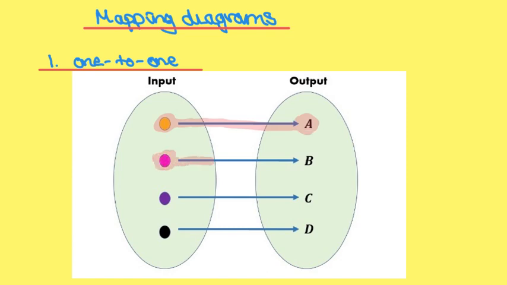This type of mapping is a function. So a 1-to-1 does show a function.